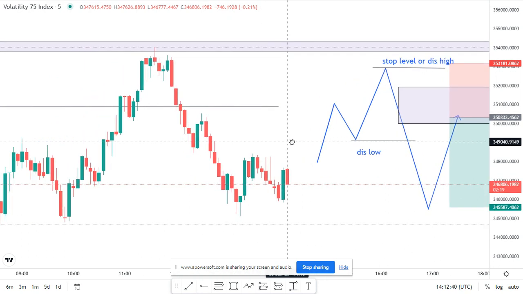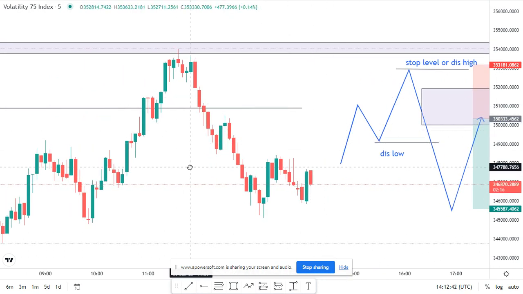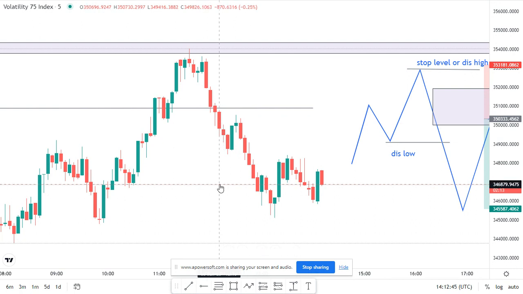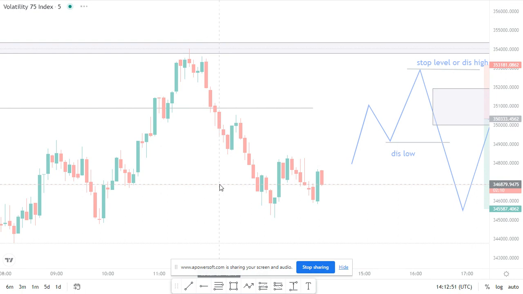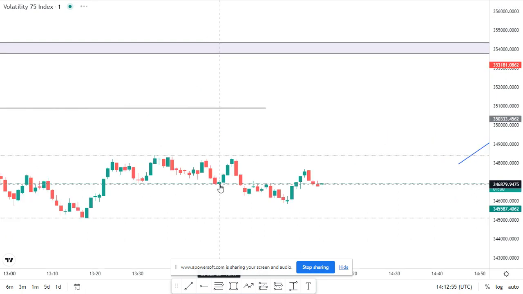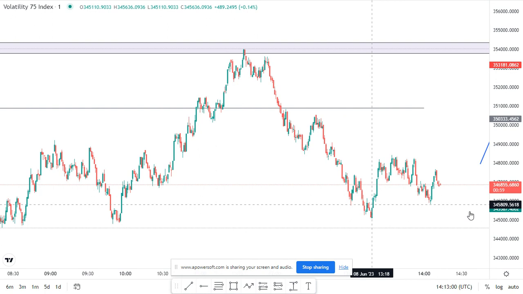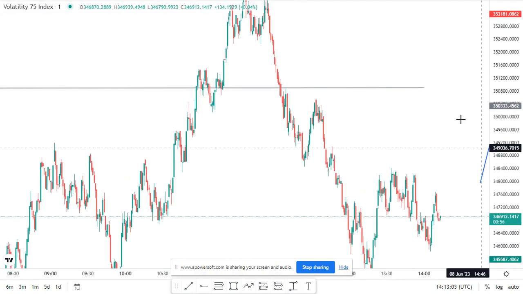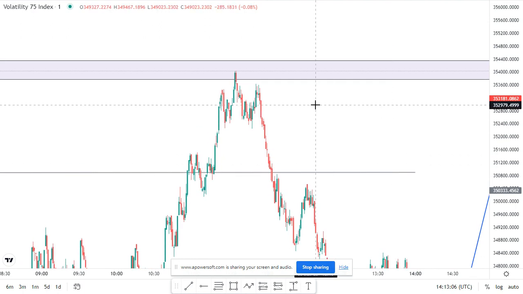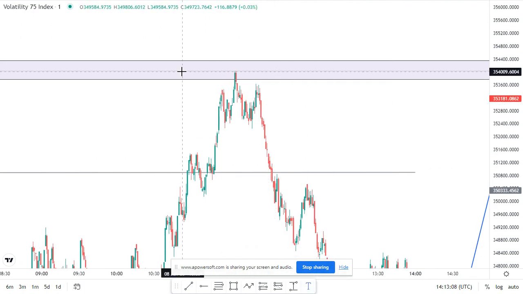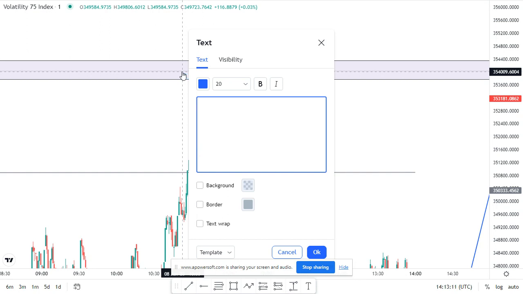So let's go back to this chart and see what is happening here. Let's go to M1. You might see something clear. We are now on the M1 time frame, right? This is our higher time frame fair value gap, the H1 fair value gap.